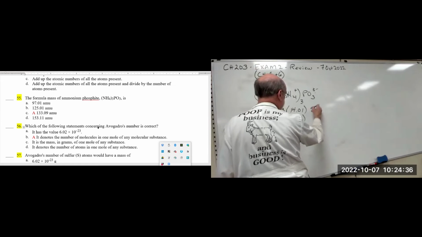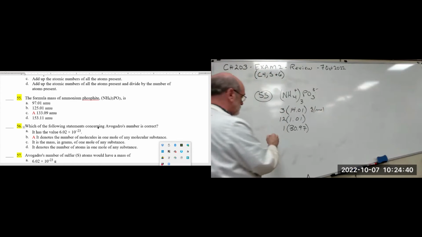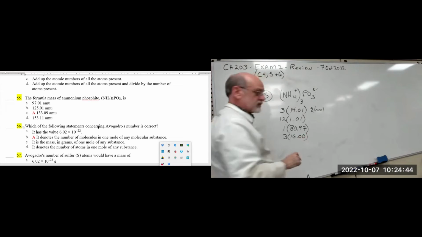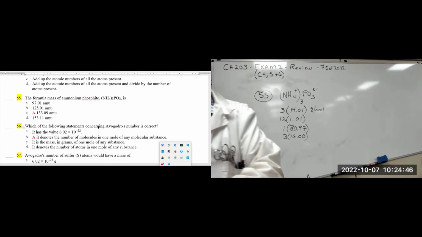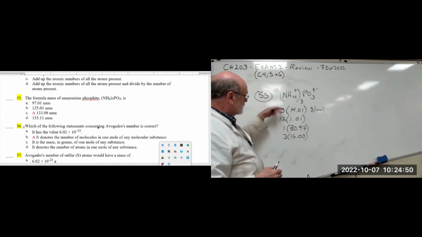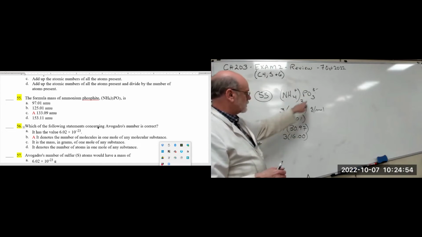Right, these are all grams per mole. And oxygen. Right, you just have to look them up in the periodic table. Right, you have 3 nitrogens, 12 hydrogens, 1 phosphorus, and 3 oxygens.